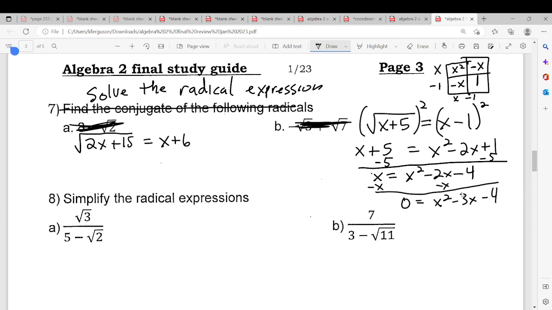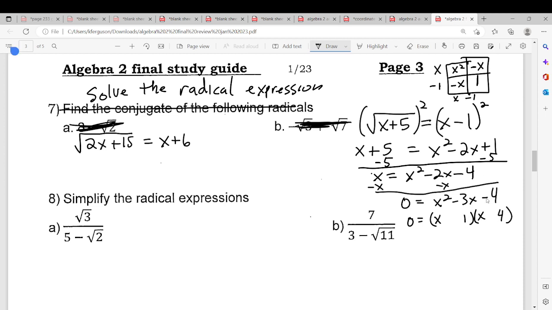So now I'm going to factor that. Now, if I can't factor it, then I'd have to use the quadratic equation. So hopefully we can factor this. I'm going to give myself 2 parentheses. What 2 things do I multiply to get x squared? X and x. What 2 things do I multiply to get 4, but when I subtract them, I get 3? 4 and 1.